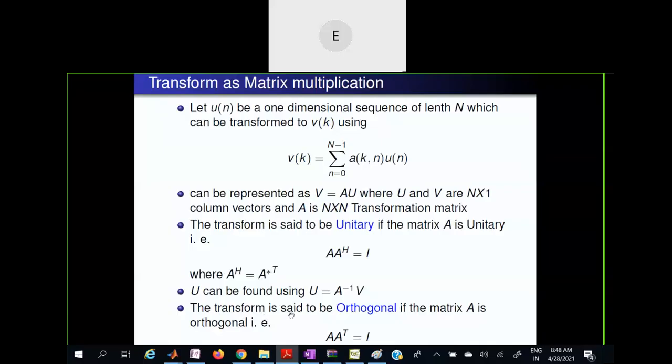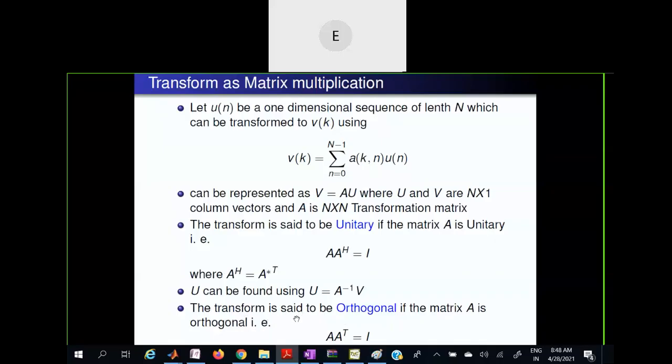Such transforms which satisfy this property are called orthogonal matrices. I repeat, a transform is said to be orthogonal if the matrix is orthogonal. And what is the meaning of the orthogonal property? A into A transpose will be equal to identity. In the next class, I'll give you typical matrix examples for Hermitian and also for orthogonal matrices.